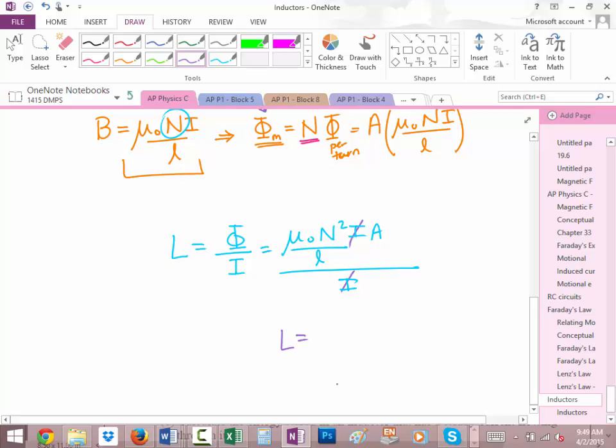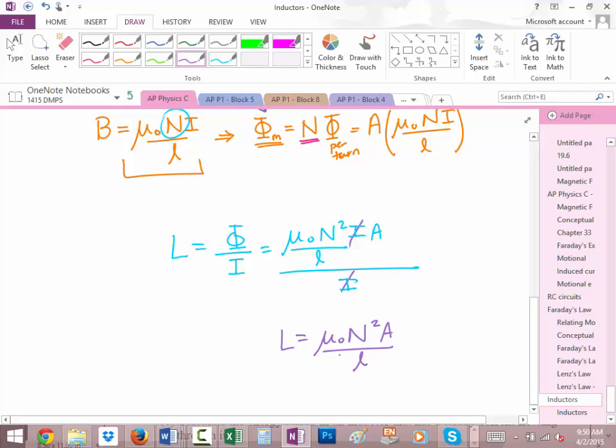And now we can describe the inductance of the inductor, the coil of wire, that's all it is, as mu naught N squared A over L. Mu naught is a constant. N is a physical parameter. A is a physical parameter.